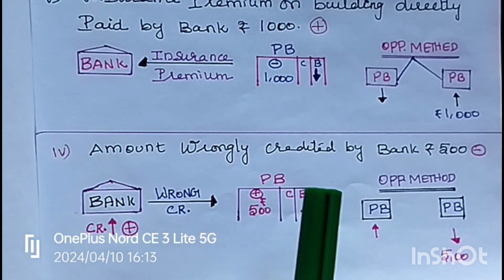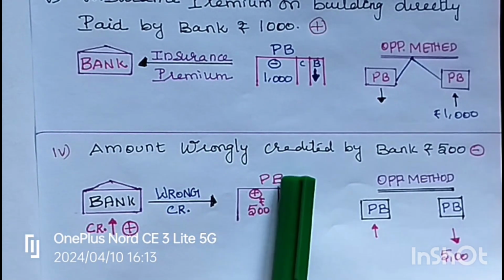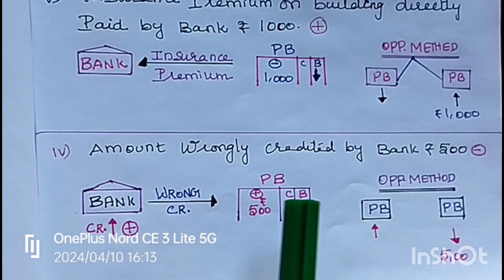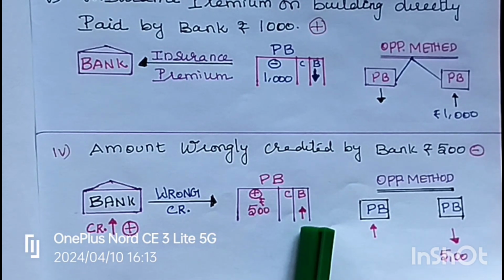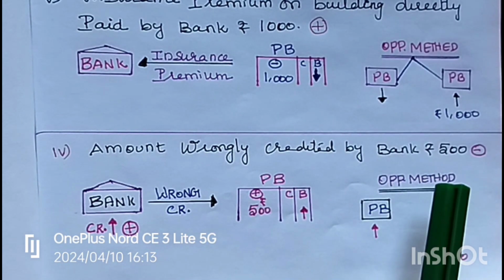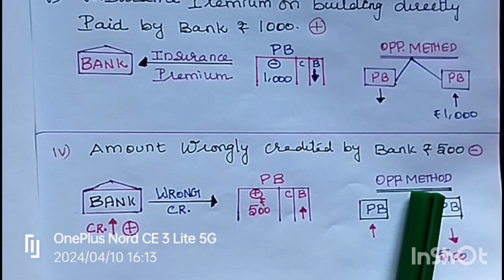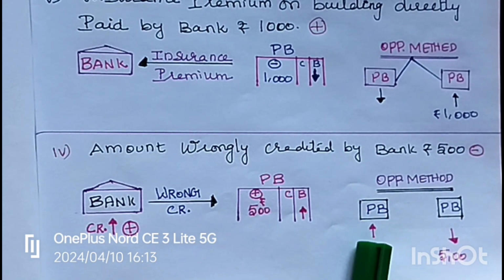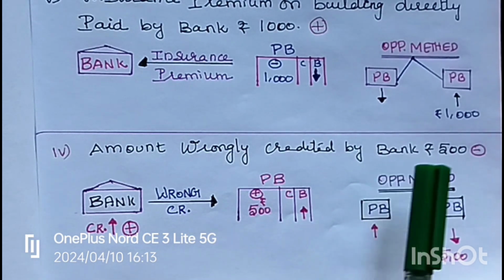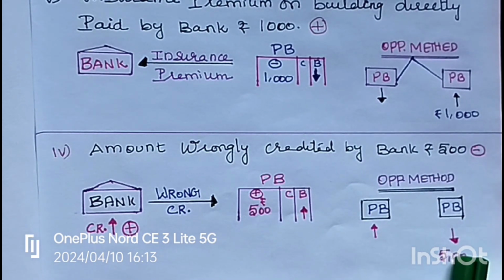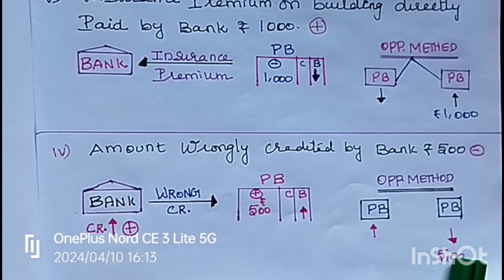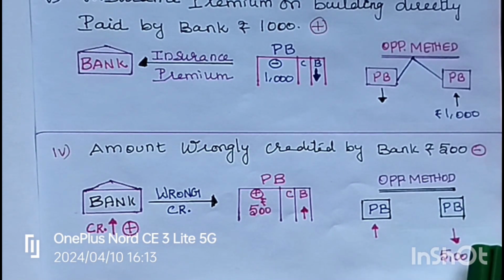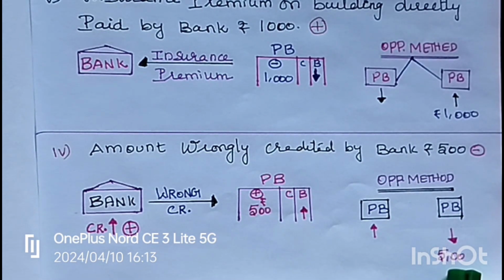So our bank passbook shows what? 500 rupees increased. We are using the opposite method. So whenever the bank passbook increases, as per the opposite method, it is to be decreased. So the bank passbook is to be decreased by 500 rupees.